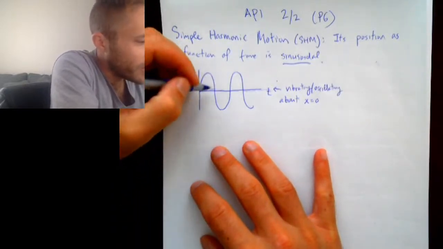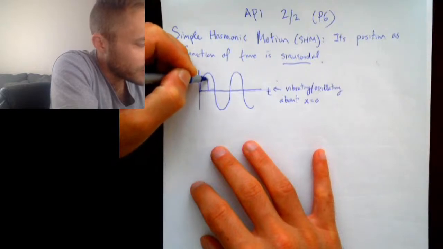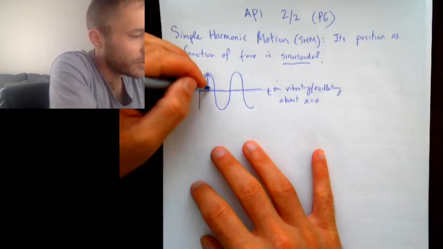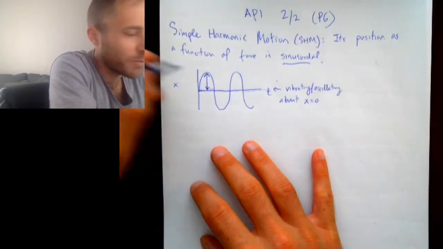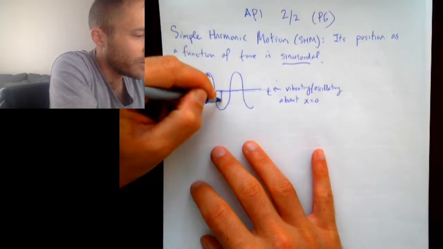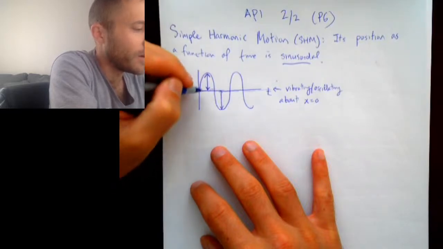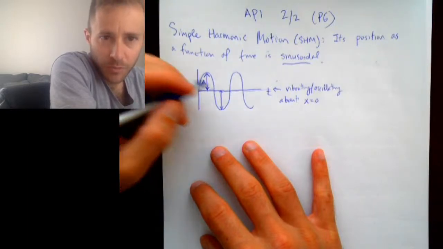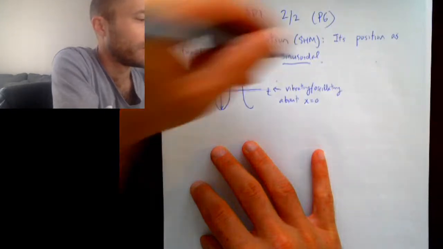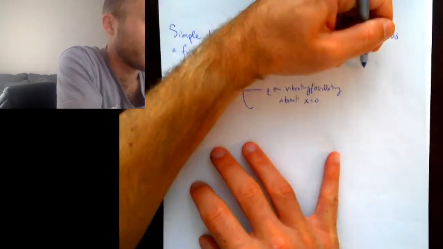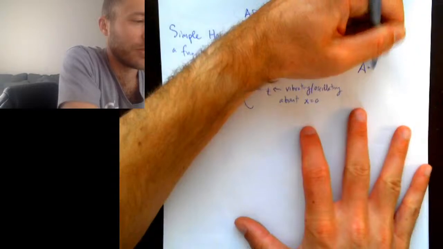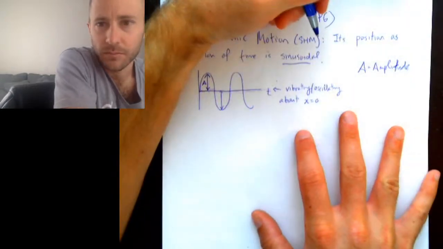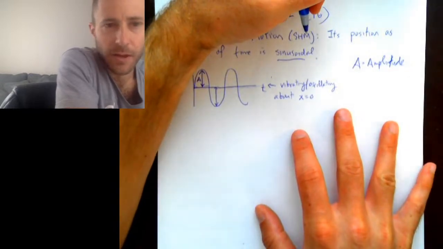So if we look at how far does the vibration go from the center point, so we can see that it goes this far from the center point, or it goes this far from the center point. That is called A, capital A, which means the amplitude. So A equals amplitude. Okay.